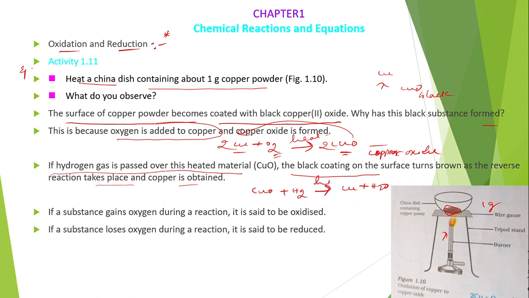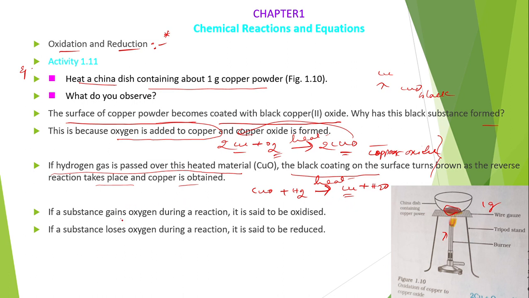See, this forward and reverse is a simultaneous process. If you heat copper in the presence of oxygen, you will get copper oxide. To this copper oxide, if you pass hydrogen, you will get back copper. See, this is the meaning.